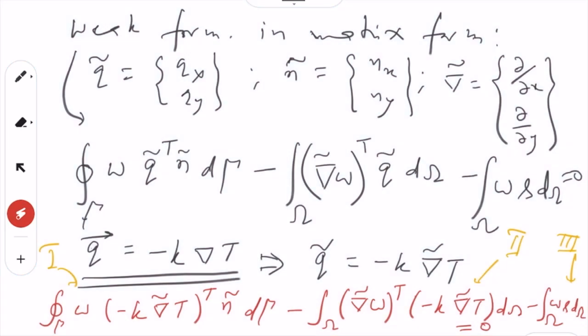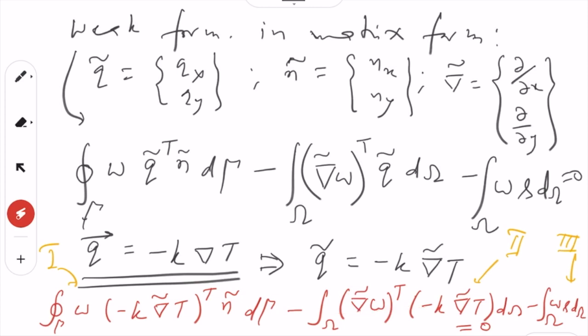You can see here we have minus, so minus this k term. Basically this k term we can take out, and we are assuming isotropic. Otherwise, if not isotropic, instead of k we can write D here, which will be the D for anisotropic material, and in that case you cannot take it out.